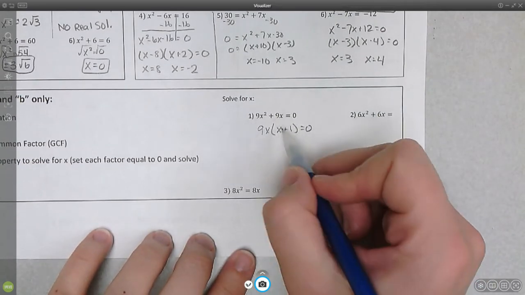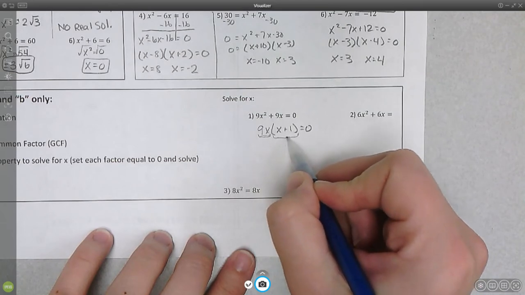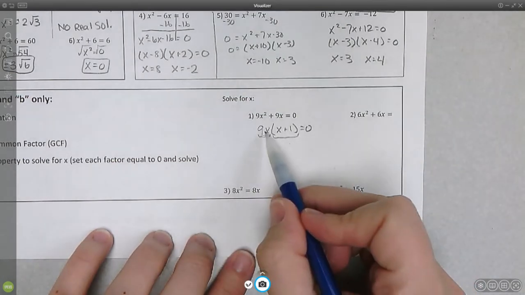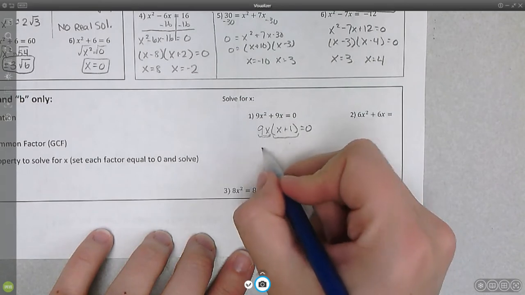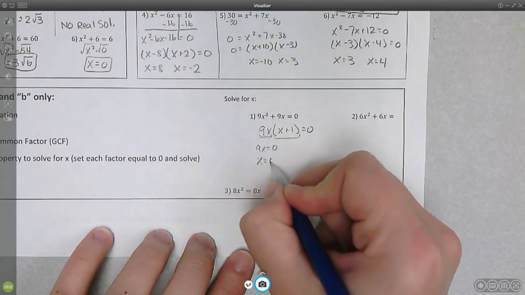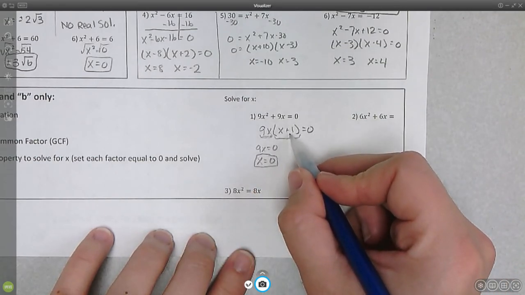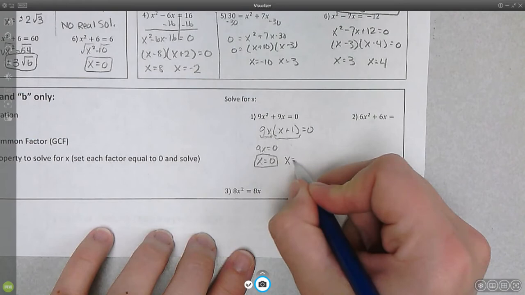So either this has to be 0 or this has to be 0. So if this is 0, well, 9x equals 0. Divide both sides by 9, you get x equals 0. So there's one solution. And then here, your other solution would be a -1.